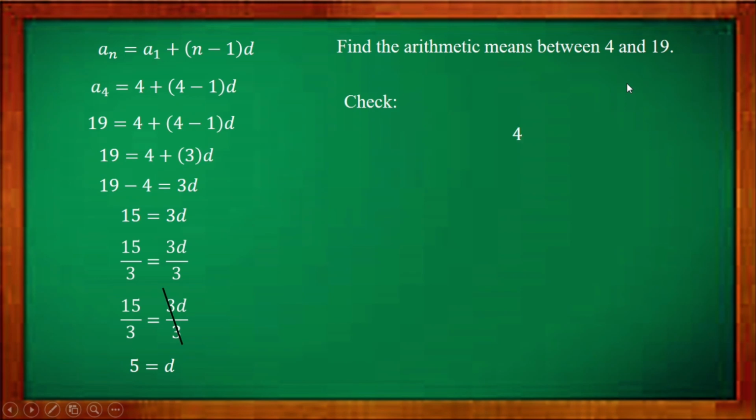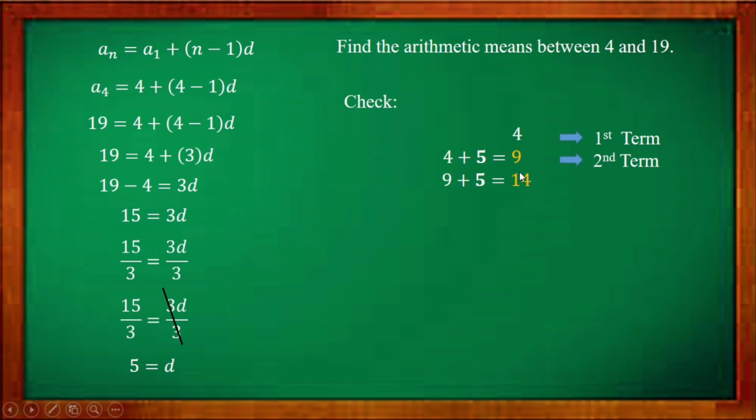So again, 4 is our first term, and for us to get the arithmetic means, we are just going to add this common difference to the first term and to the preceding terms. So 4 plus 5, which is from our common difference, is 9. 9 now is our second term.